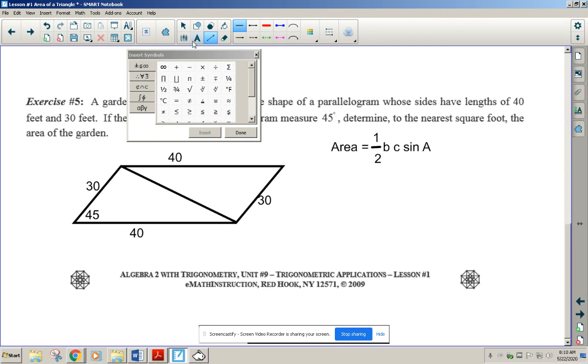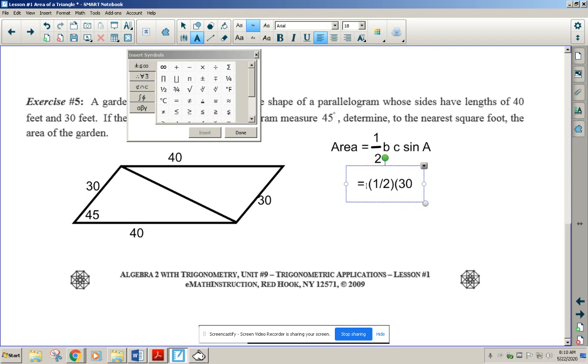So that's now going to give me 1/2 times 30 times 40 times the sine of 45 degrees.